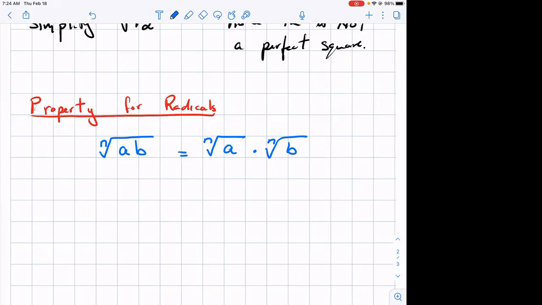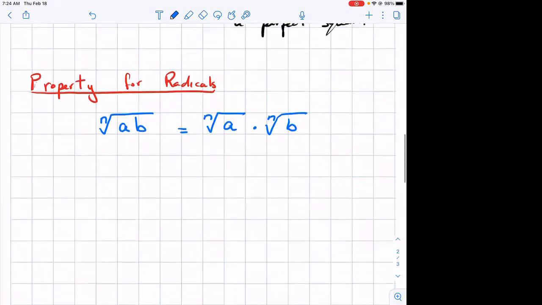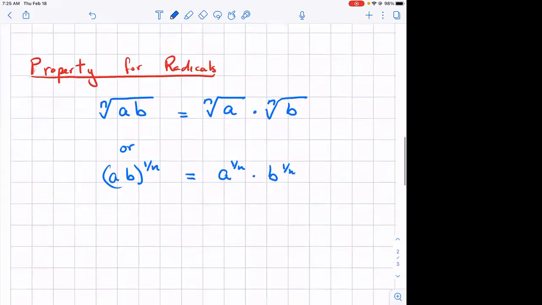Keep in mind how we get this: if we have ab raised to the 1 over n power, this is the same as a raised to the 1 over n times b raised to the 1 over n. Because remember, all radicals can be written as some fractional power. Let's call this property 1.